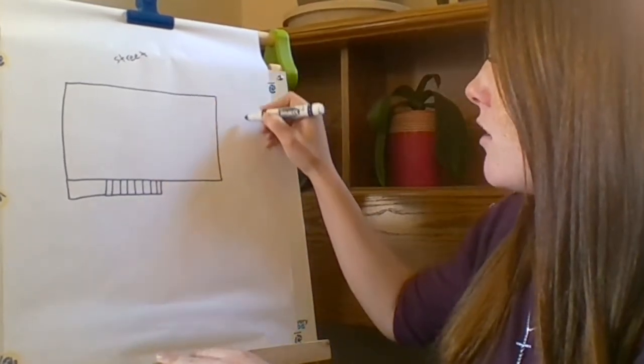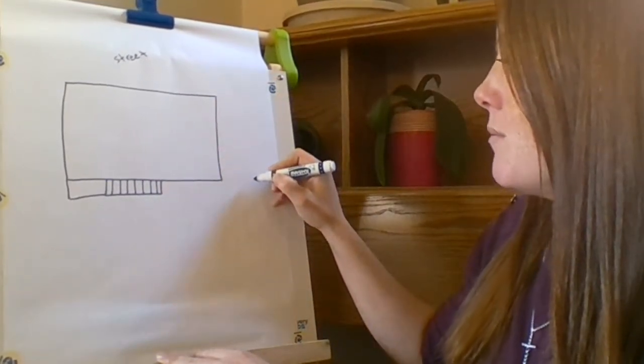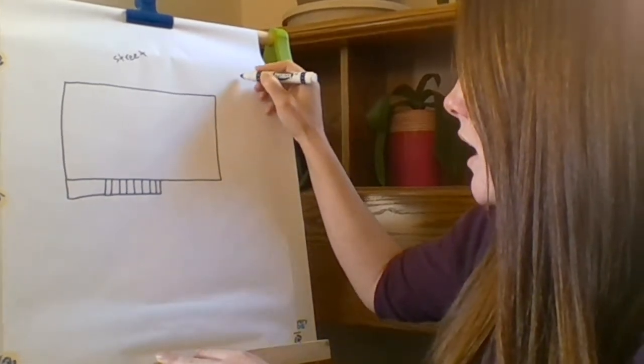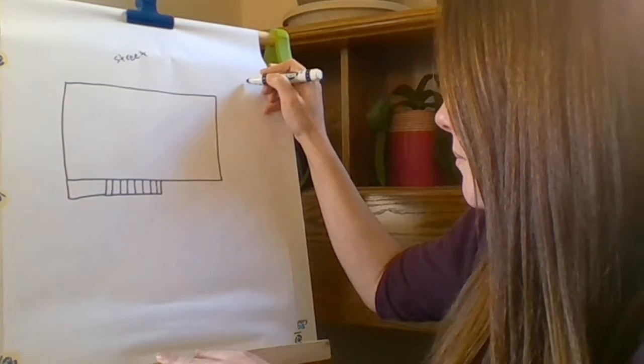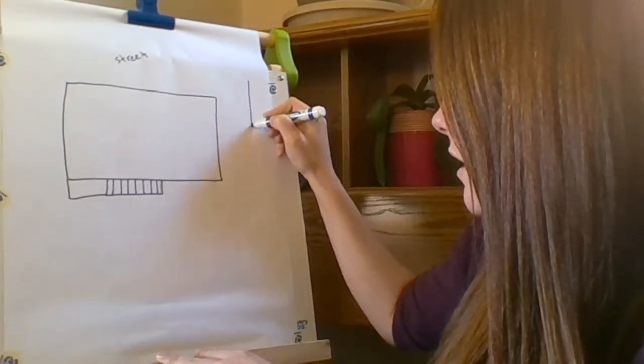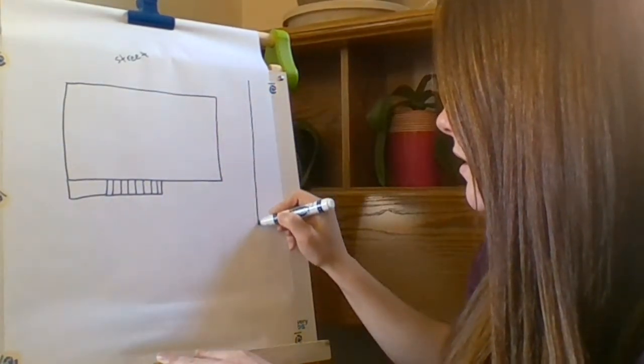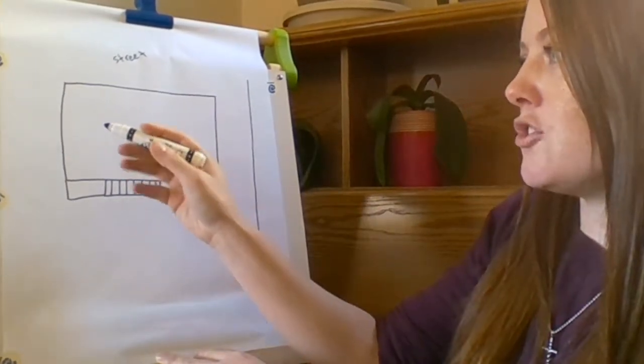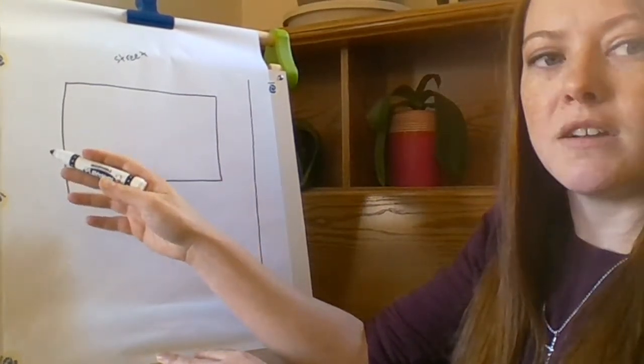We have the side yard where the fence is. That was where we started off in the beginning of the video, so we'll draw that in here. And then we have the shared driveway on this side.